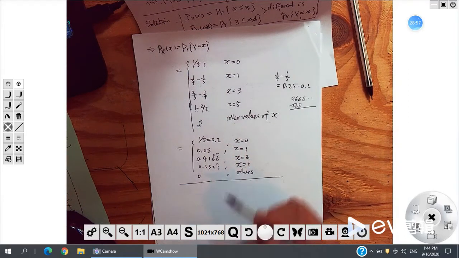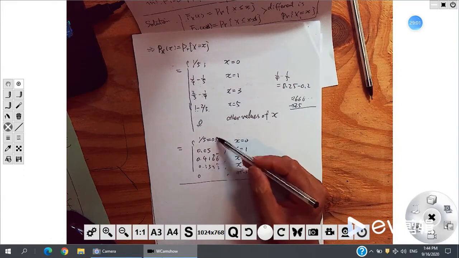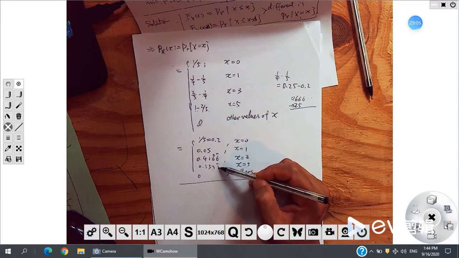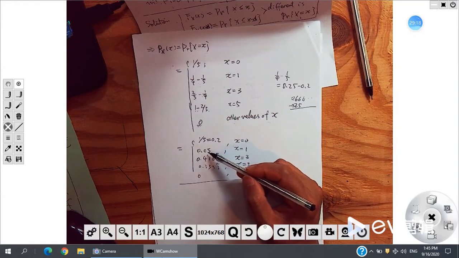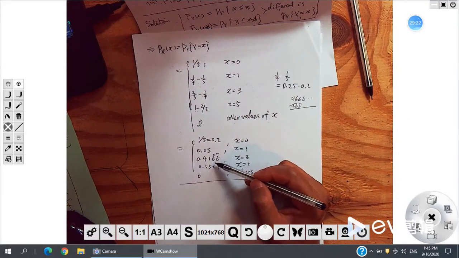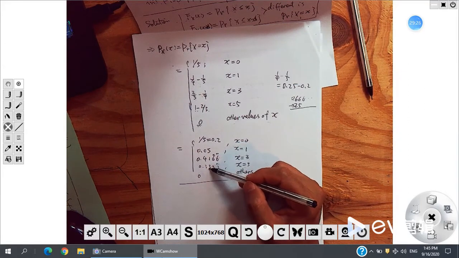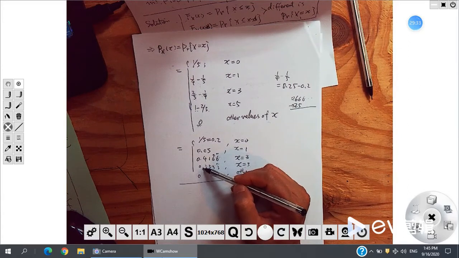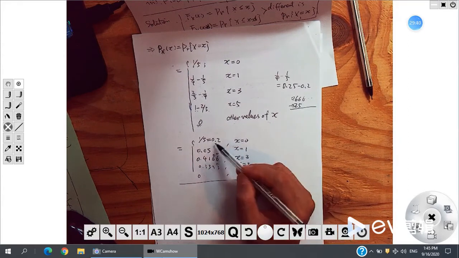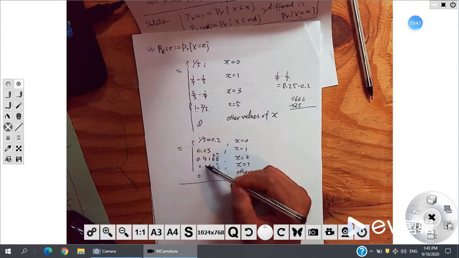And here we can double check whether it's correct by doing the summation of all of these. 6 plus 3 is 9, and with the carry, the sum works out to 1. So the summation is 1, which is correct.